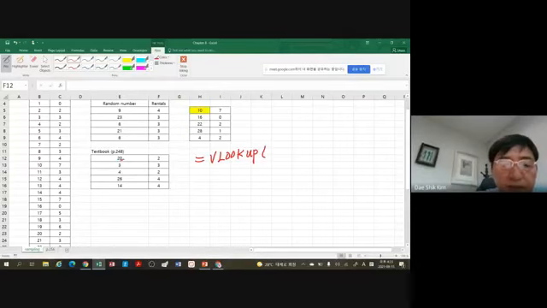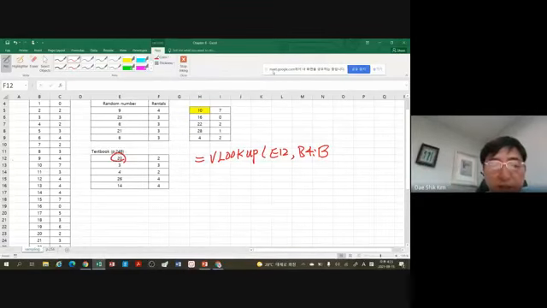Bracket. This is E12. E12 value is compared to P4 to P. Wait a minute. C33. Okay.